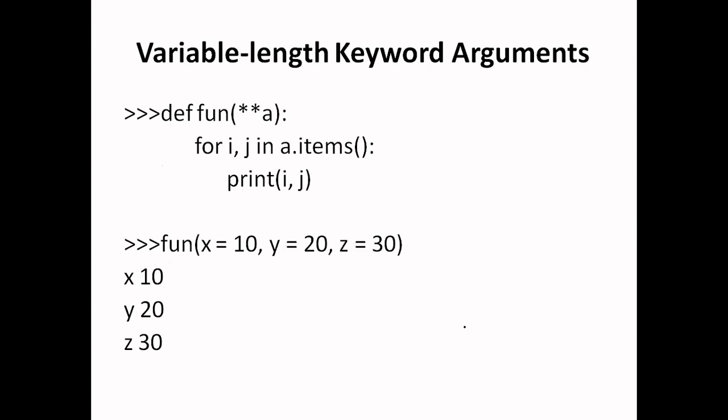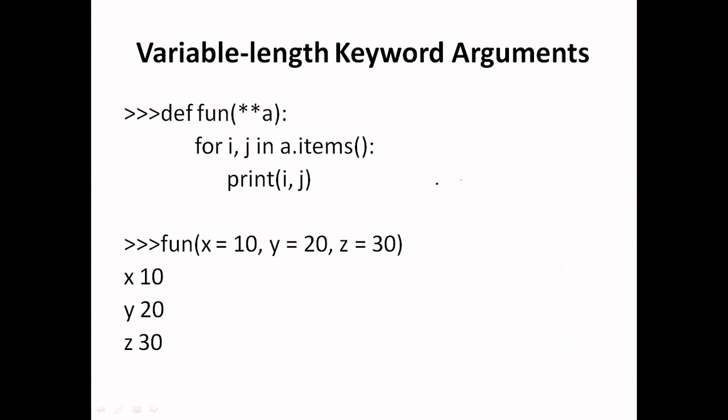This is represented by placing one more star, that means if we write a double asterisk before a variable name, this variable will become the variable length keyword argument. That means now this variable a will accept any number of keyword arguments, and basically this variable is now a dictionary.